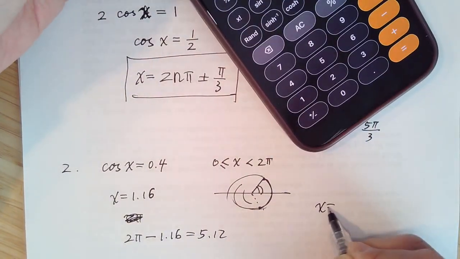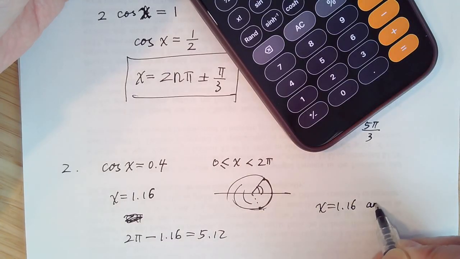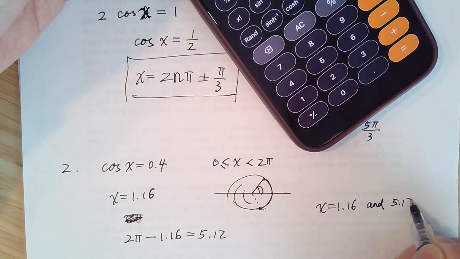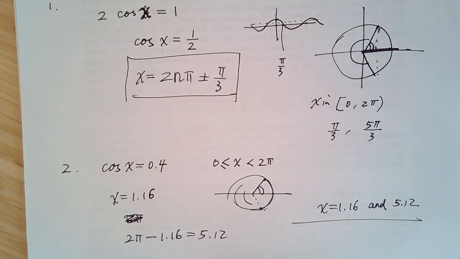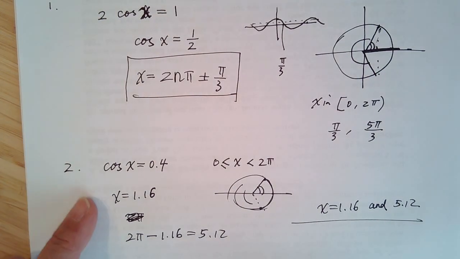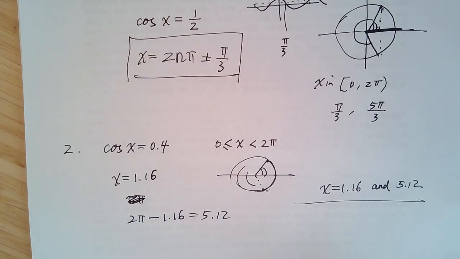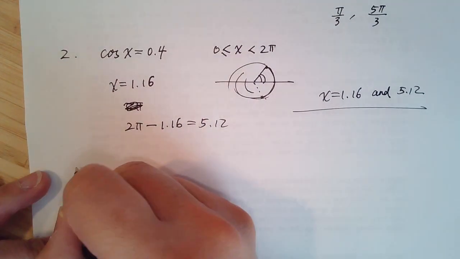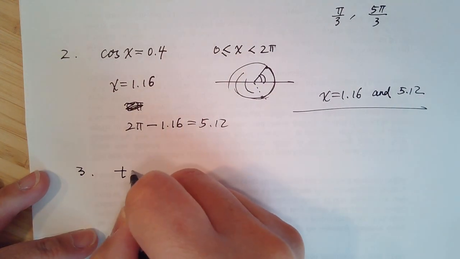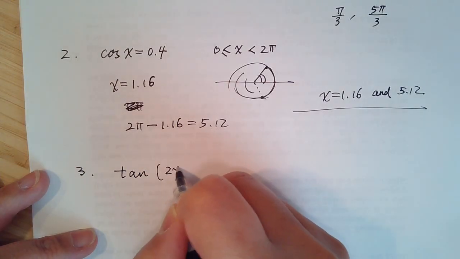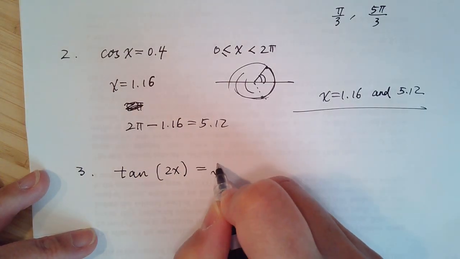So your answer is 1.16 and 5.12. That's your two solutions for this case when I ask you the cosine x equals 0.4, find x. That's it.